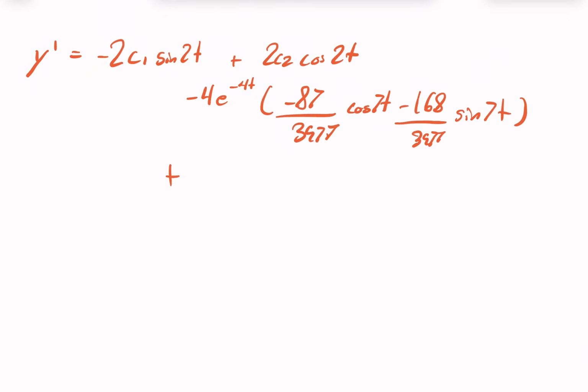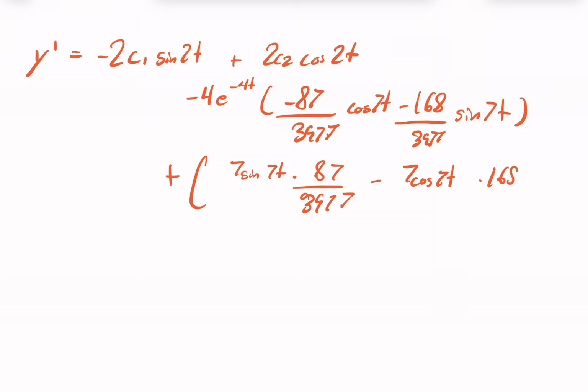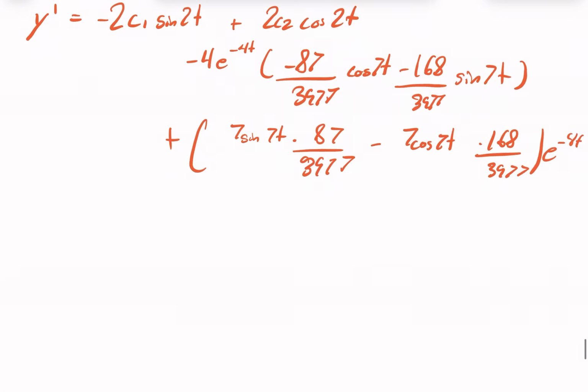And then we add the other portion, 7 sine 7t times 87 over 3977 minus 7 cos 7t times 168 over 3977 times negative 4t, e to the negative 4t.